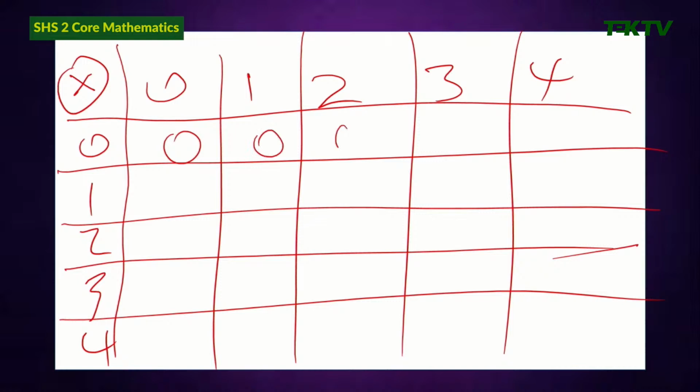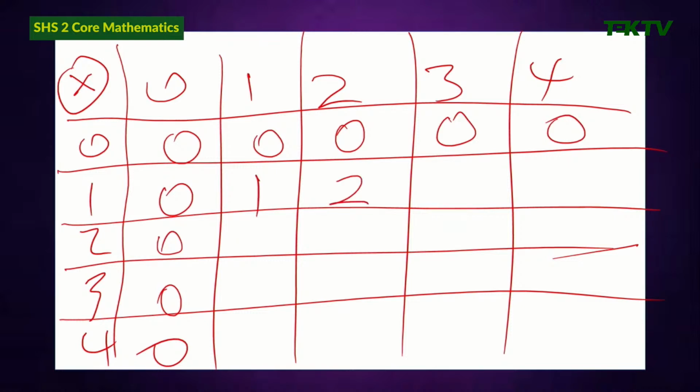In fact, 0 times any number is 0. 1 times 0, 0, or any number times 0 will also give you 0. 1 times 1 is 1, 1 times 2 is 2, 1 times 3, 1 times 4 is 4, in that order. 2 times 1, 2, 3 times 1, 3, 4 times 1, 4.